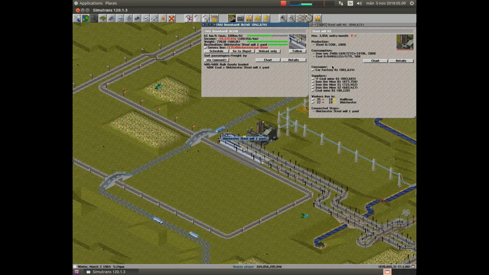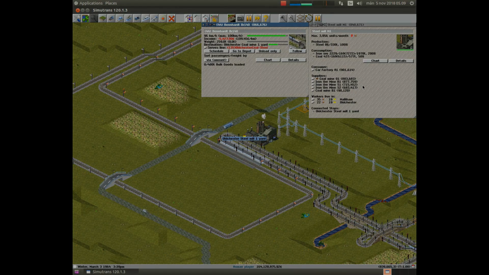Take a look at what will happen now when the train leaves its cargo. There, now we have coal and iron ore, and they have started producing steel. Steel mills are exactly the same thing as car factories. They must have all their supply to actually work properly.